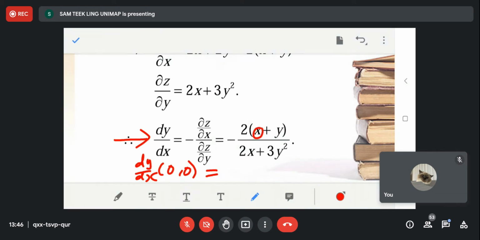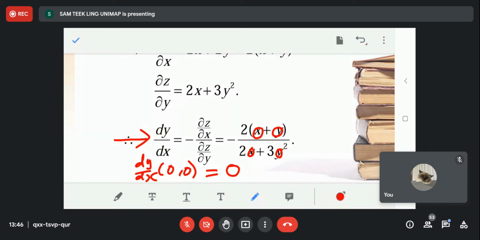This one can be replaced by 0, this one by 0, this one by 0, and this one also by 0. And we will get the final answer 0.